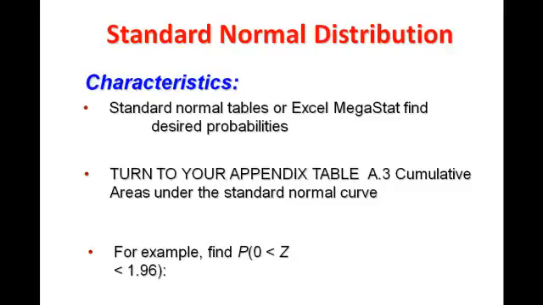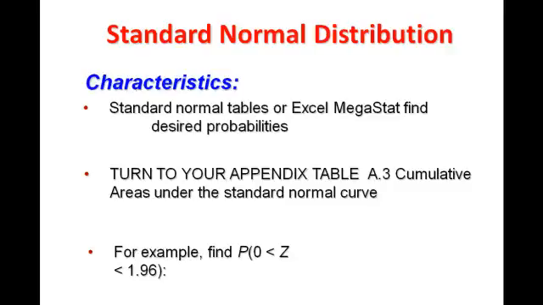Now, when you're looking at your table on A3, it says cumulative areas under the standard normal curve. First of all, the numbers inside the table, those are the areas or the probabilities, those 4 decimal place values.